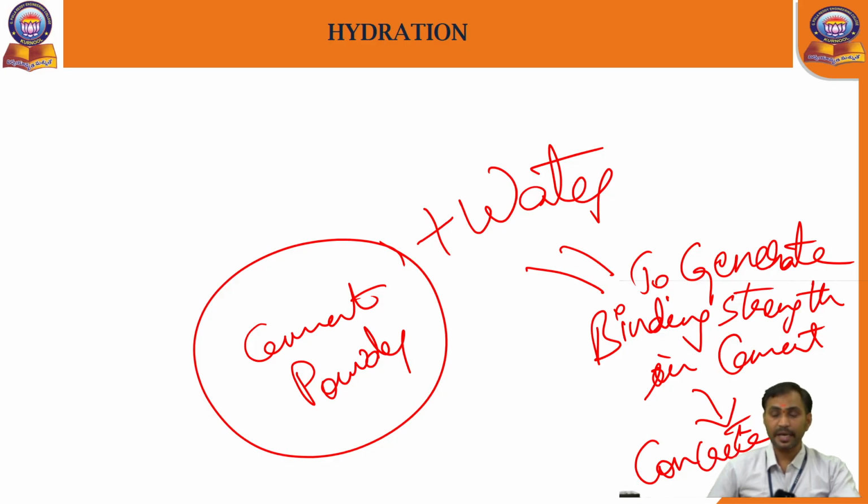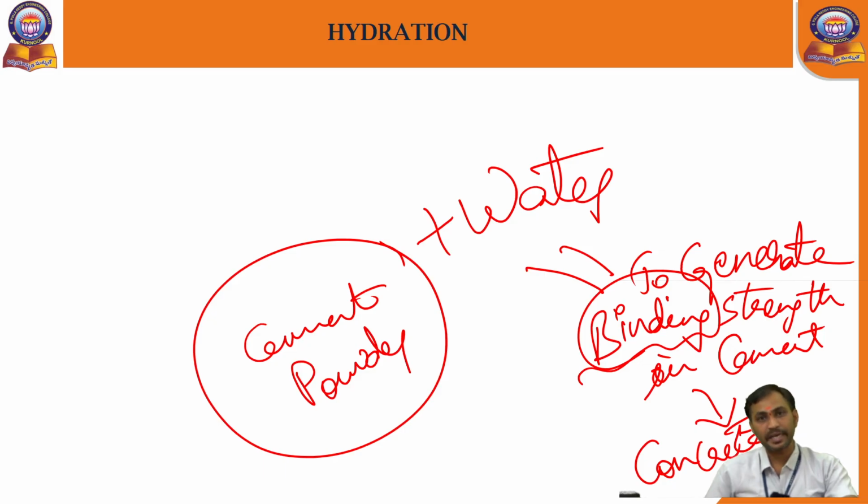Here we have to focus on one point. If I add water to this cement powder, slowly it generates the binding nature. How is this binding nature generated?